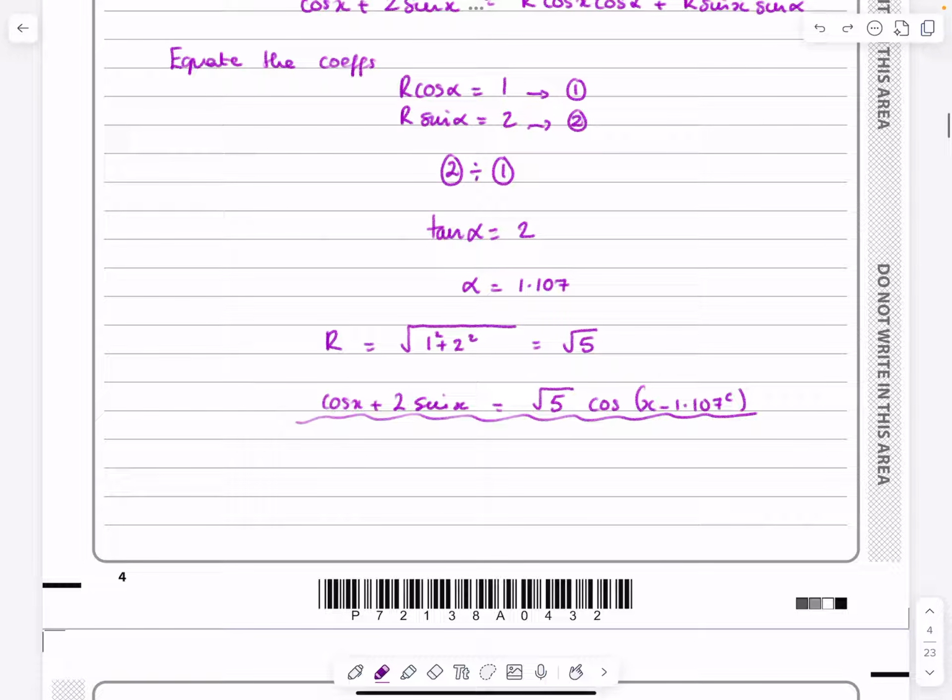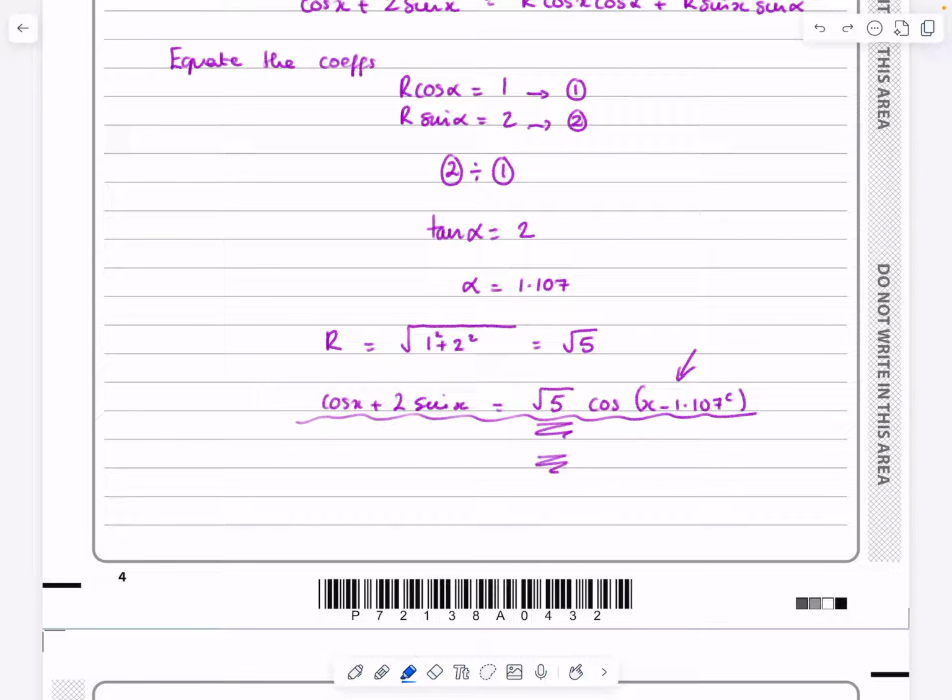If I've got something written in this format, root 5 cos(x minus 1.107), one of the useful things about it is that the maximum value is root 5. The minimum value would be minus root 5, and they occur when cos of all of that is equal to 1, or when cos of all of that is equal to minus 1.